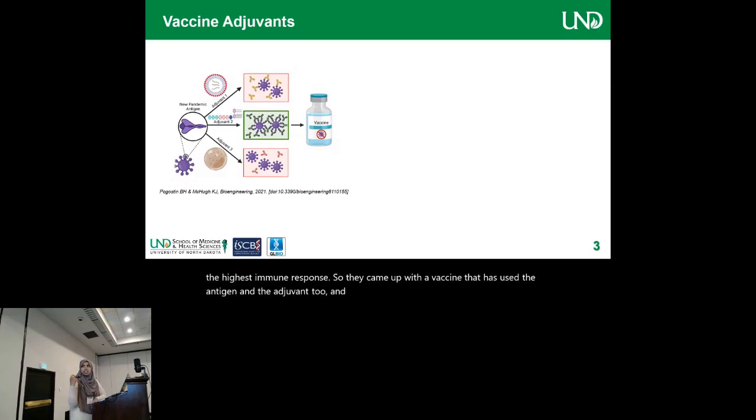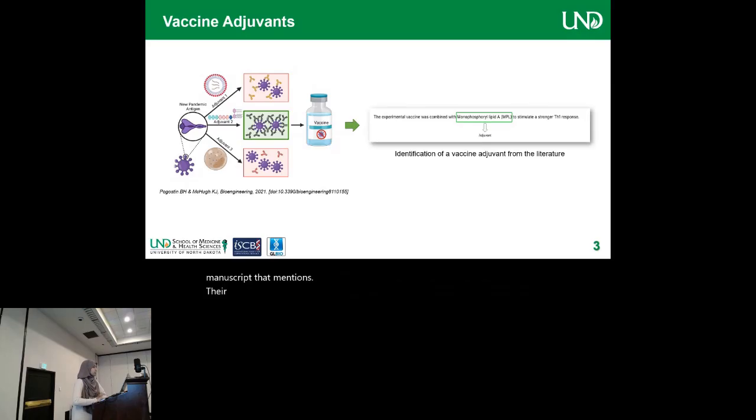And when they came up with the vaccine, they provided literature, let's say the clinical trial information or the manuscript that mentions their results, stating that this adjuvant stimulates the antigen. And as biomedical curators, the curator's task is to extract this type of information from the existing literature.